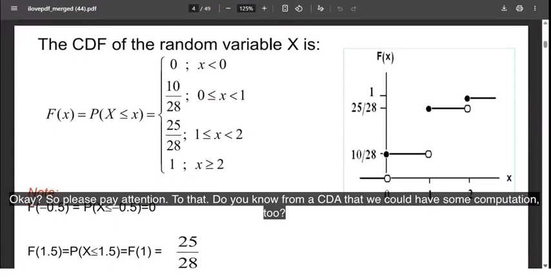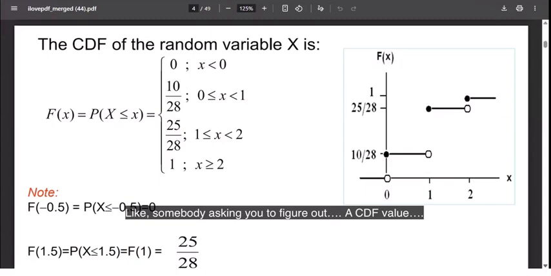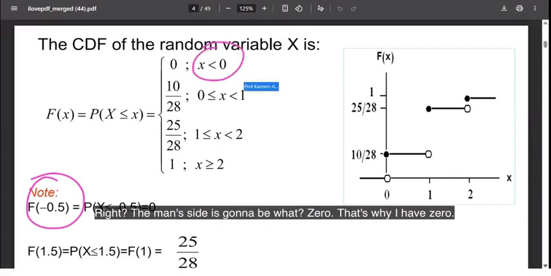Do you know from a CDF, we could have some computation too, like somebody asking you to figure out a CDF value when X is negative 0.5. Where does that fall? Negative 0.5 falls here, right? Then my answer is going to be 0. That's why I have 0.